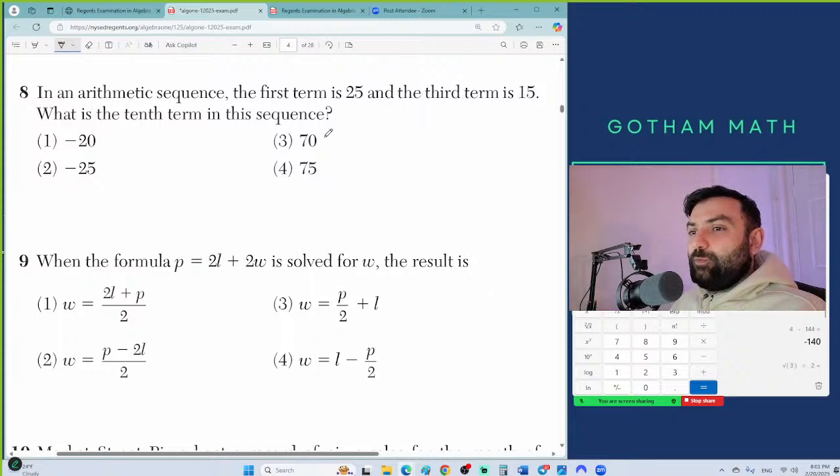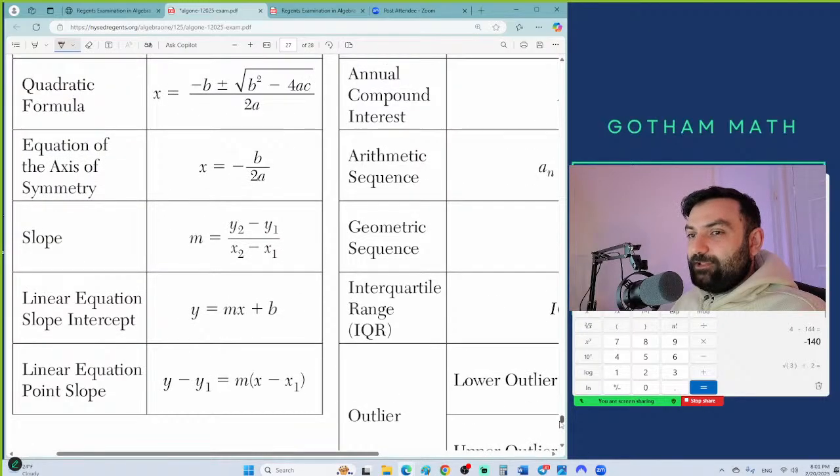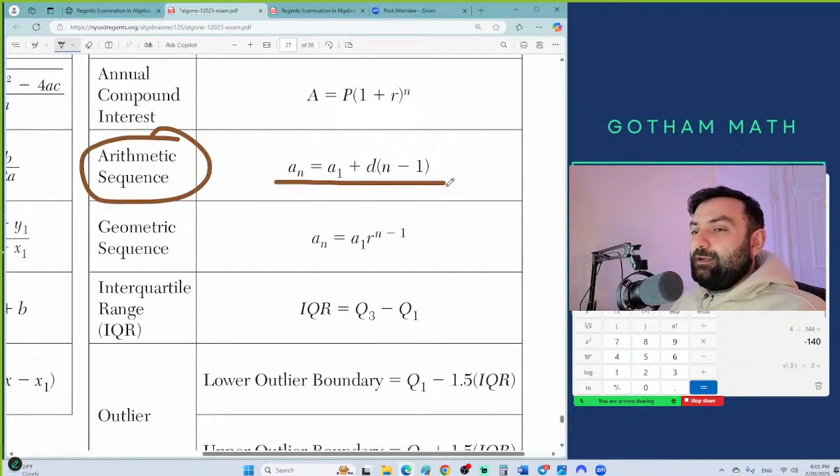You have to find the common difference. First of all, you see the words arithmetic sequence. You're going to have a whole packet, right? So you go to the second to last page and find the words arithmetic sequence. Here it is. Copy this formula into your problem.